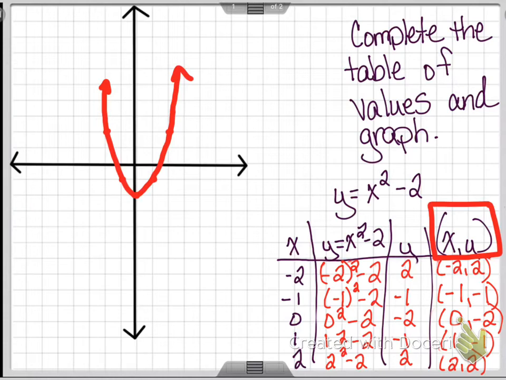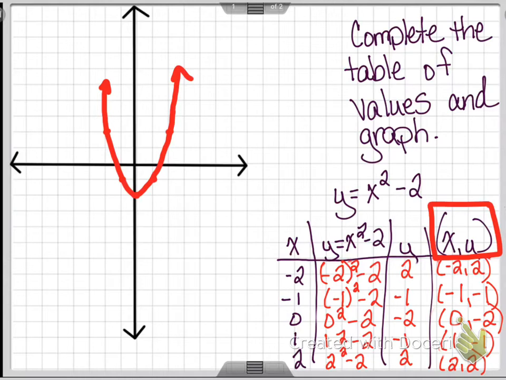Okay? So what I have done, and there's lots of different ways to graph a parabola. Well, not lots, but enough. What I have done here is I have graphed the parabola using a table of values. And again, in Chapter 2, we're going to explore quadratics and cubics and quartics and rational functions and all sorts of things. Okay? But right now, we're just looking at one way that we can graph this.